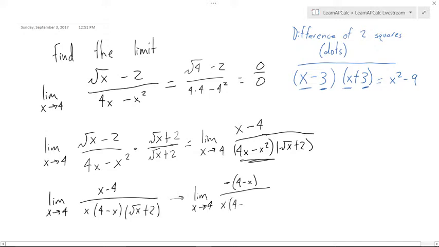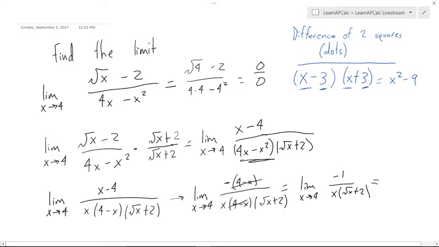Okay, and now rewriting the bottom again, we can see that these cancel. I'm left with limit as x goes to 4 of negative 1 over x times the quantity square root x plus 2.